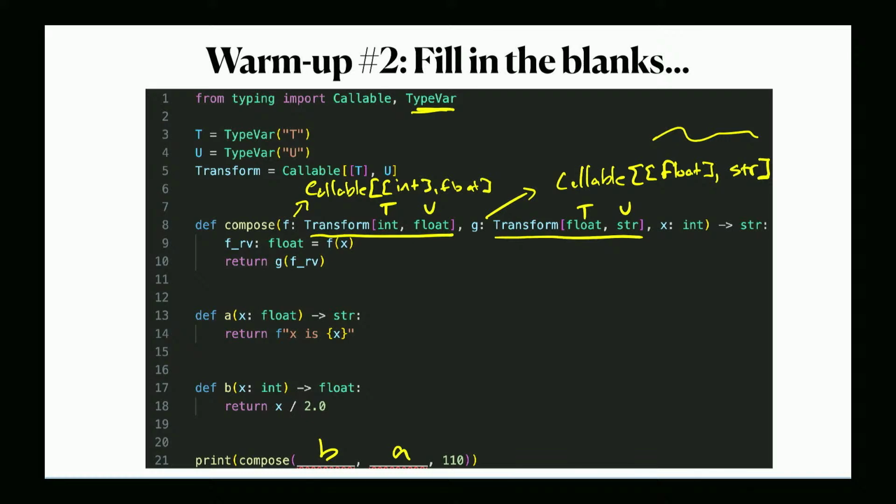The question you're asking gets back to what if compose were no longer a specific function. Compose, you have to give it an f that satisfies that transform and a g that satisfies the other, right? But if you made compose generic and had its own T's and U's, then they would have to match up in that way. We won't be doing something that complicated either, but yeah.